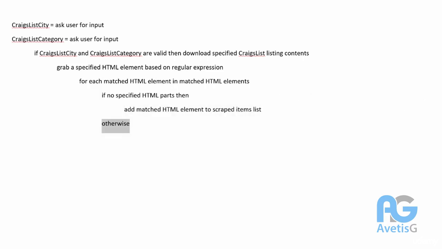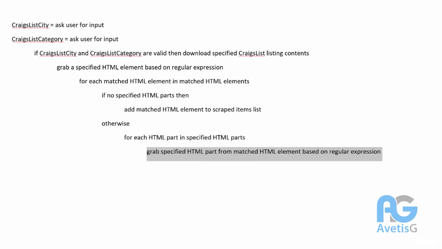And then we say otherwise, if there are specified parts that we need to grab from this HTML element, then for each HTML part in specified HTML parts, we go and grab the specified HTML part from the matched HTML element, which is right here, based on regular expression.